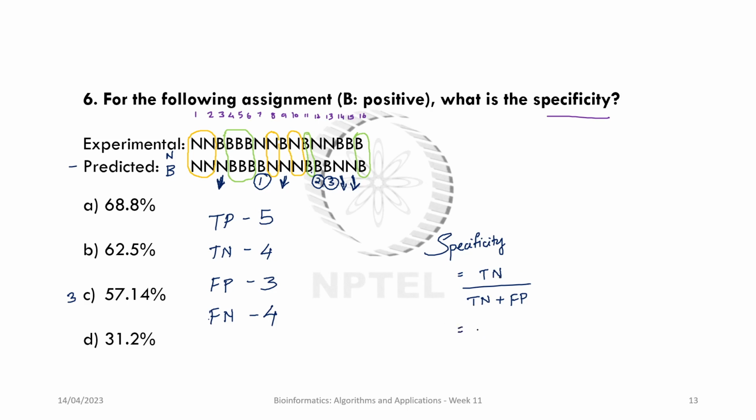So TN is equal to 4 divided by TN plus FP. I messed up in the way I spoke here. Specificity will be the true negatives divided by all negatives, which will be true negatives plus false positives. Right? So that is 4 by 7, which is 0.5714. In percentage, that will be 57.14.